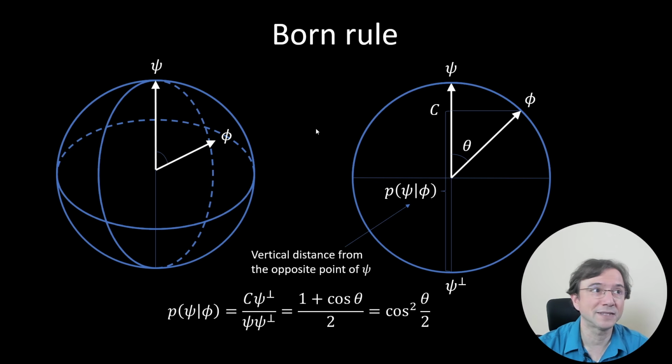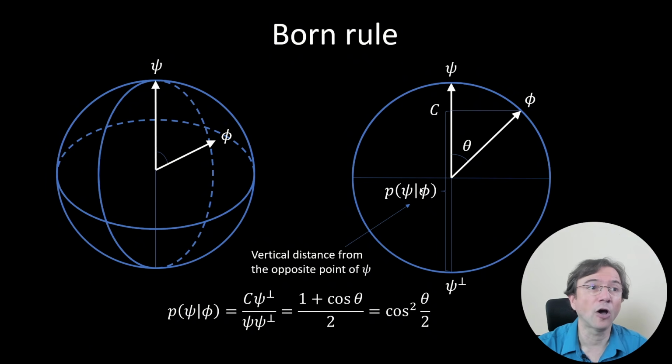In case of a two-state system, all pure states are on the surface of the Bloch sphere. And since we're always considering two states, we can just look at a section of the Bloch sphere, a circle that contains psi, phi, and the center of the sphere.